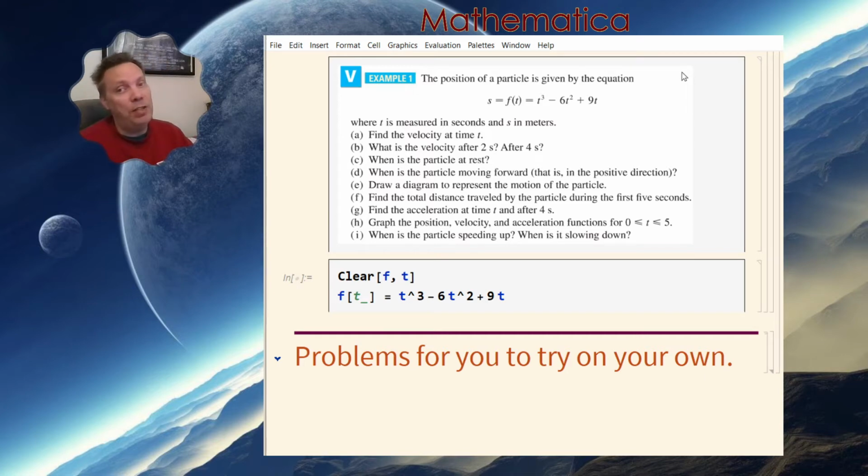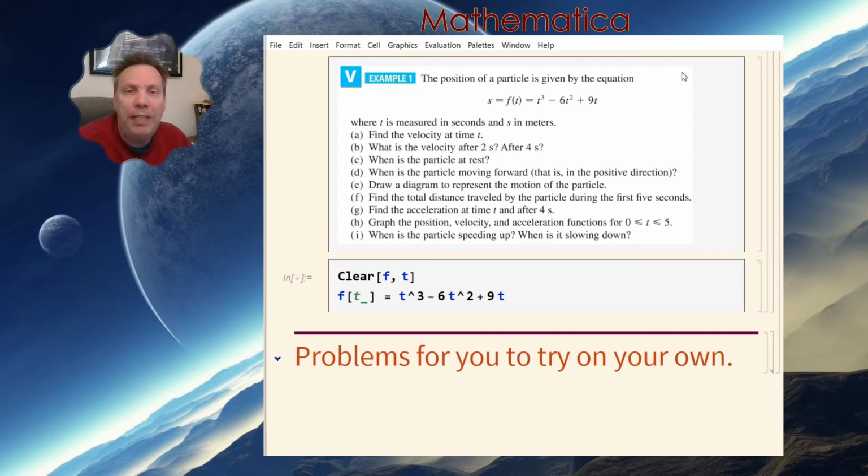There's a whole bunch of questions that we have to look at here. I'm going to go through some of them, and then I'll have a part 2 of this video, and I'll get through the rest of it after that. So we need to figure out the velocity, which is just the first derivative. I'm going to have Mathematica do some of the calculations for us, and then I'm going to go to a sheet of paper, and I'm going to write down what all these mean.